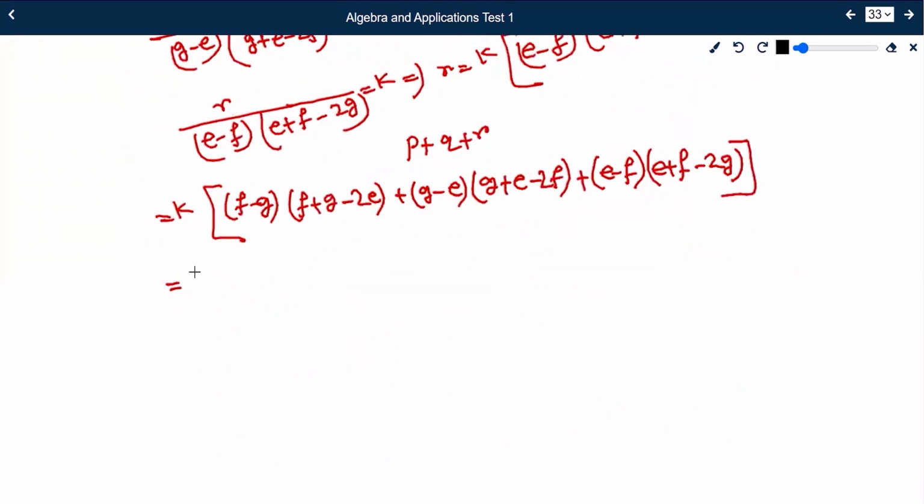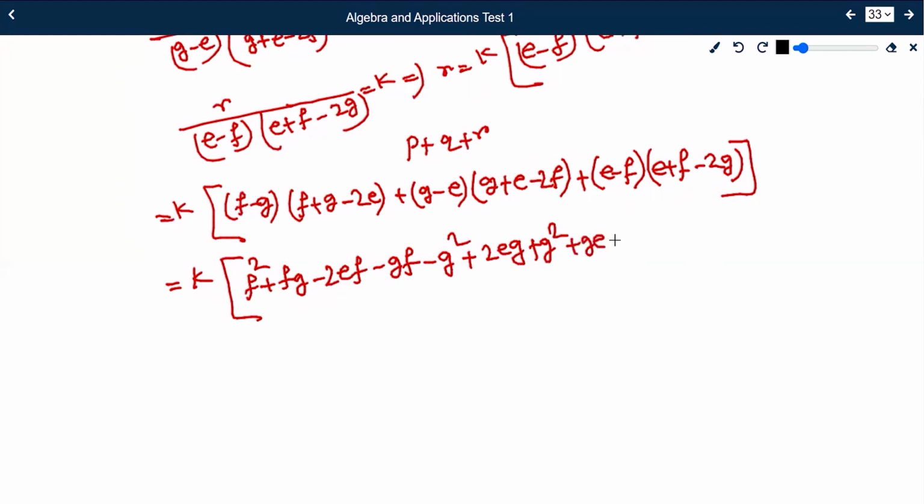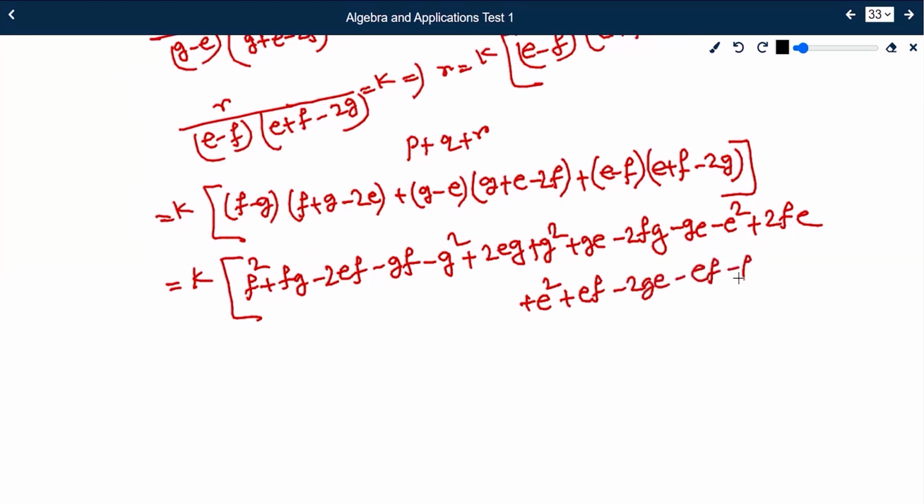Now let's drop the brackets and expand them. So it becomes f square, fg minus 2ef minus gf, g square, and so on.